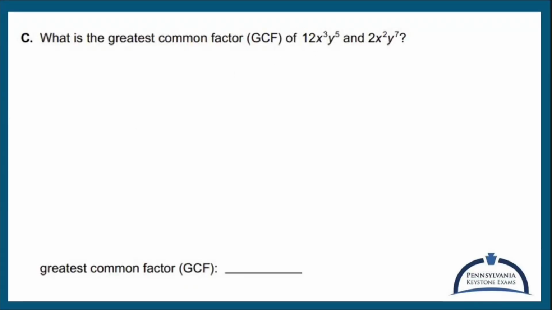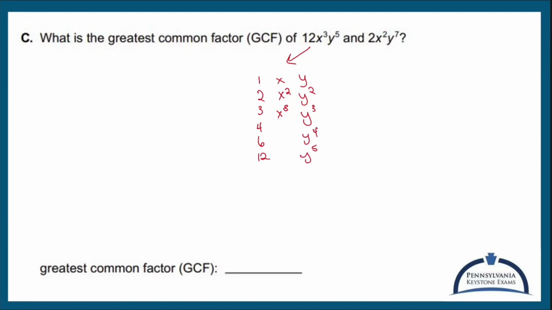So what you're doing with greatest common factor is similar, but you're writing all the numbers that could possibly multiply out to 12 and 2. So 12 could be 1, 2, 3, 4, 6, and 12. X cubed could be x, x squared, x to the 3rd, and y to the 5th could be y, y squared, y cubed, y to the 4th, and y to the 5th.